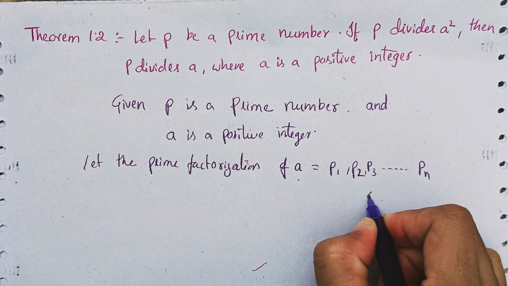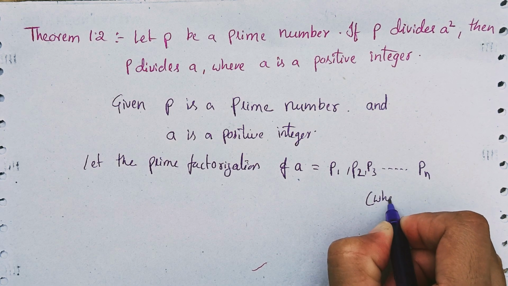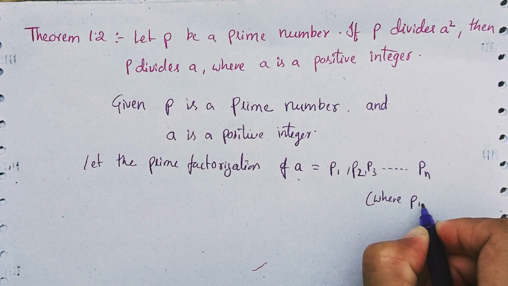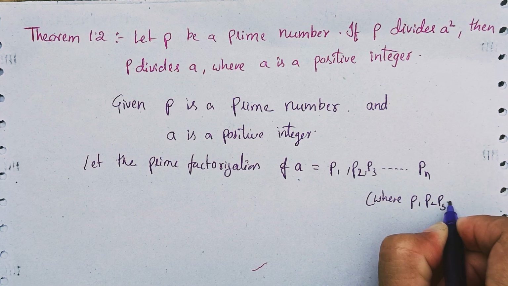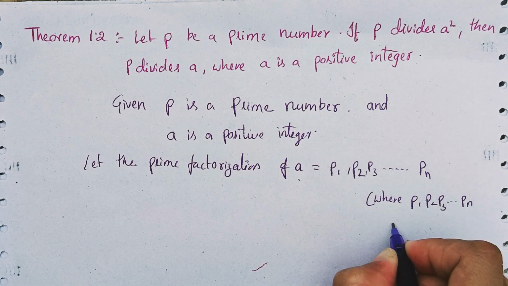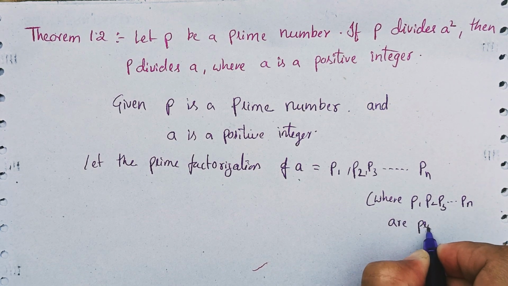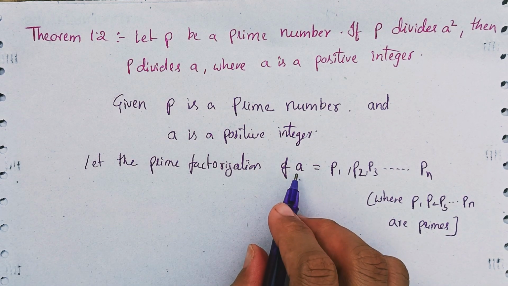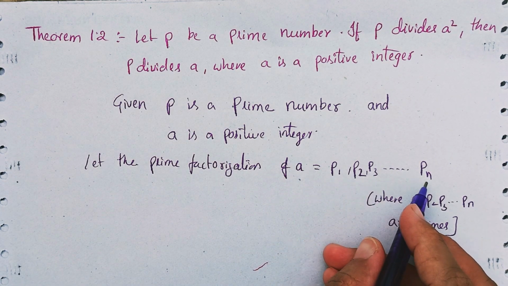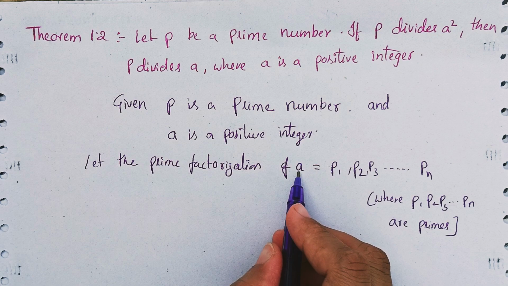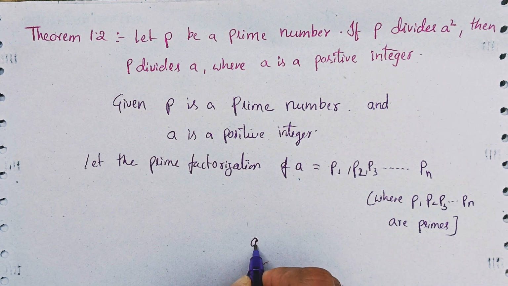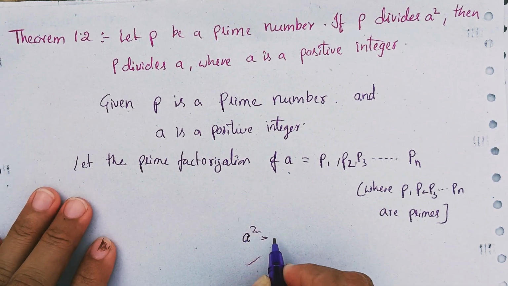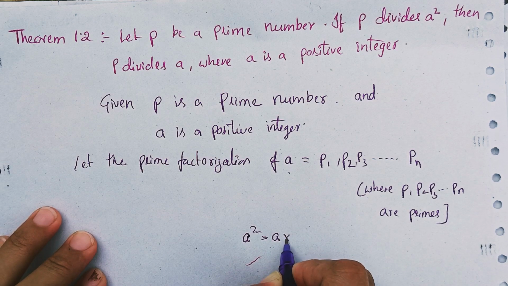Here, what are these p? Where p1, p2, p3 and so on, pn are prime numbers. So if a equals p1, p2, p3, then a square can be written as a into a.